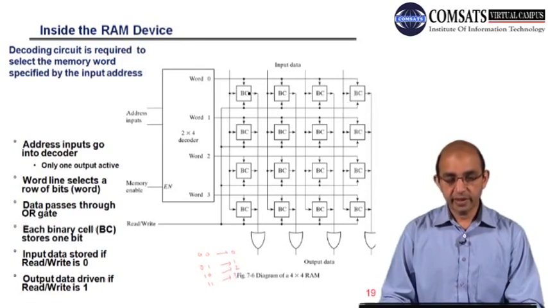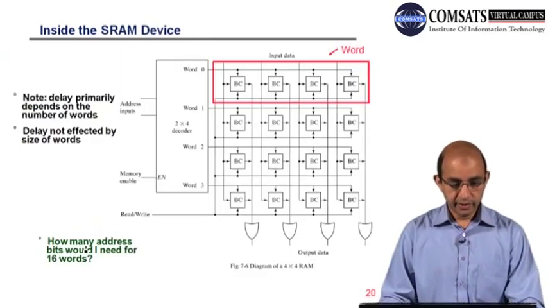This row represents a unique word, and this column represents the output bits. The output data is received after passing through the OR gate. So this is the 1 bit, that's the same, and we can select one word at a time.